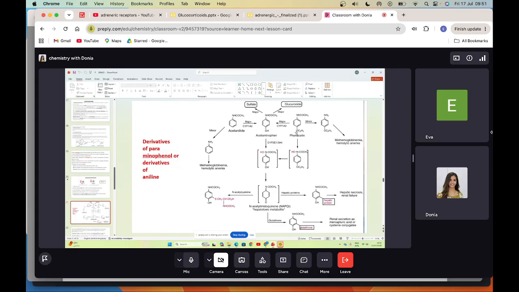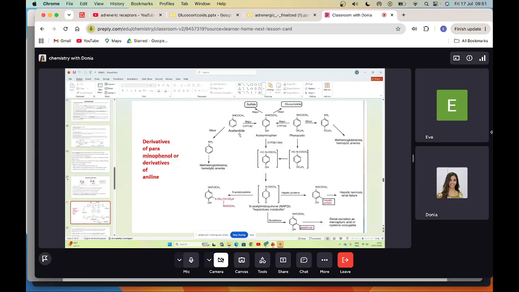This group inside our body would undergo metabolism, or dealkylation, to give acetaminophen. So phenacetin is a prodrug, though it's not written like this in your slides.